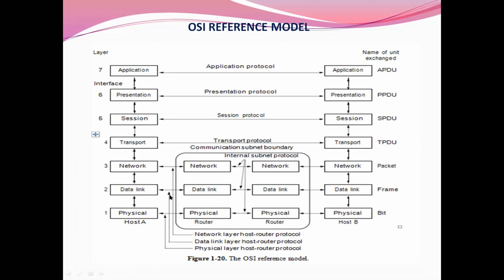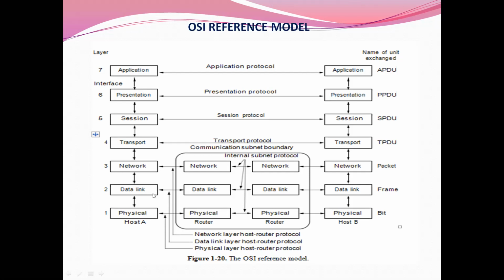Again, look here. This is host A and this is host B. Consider the communication between the same layers of different machines. For example, in host A, the first layer is the physical layer. In host B, the first layer is the physical layer. So the communication between these two is known as the physical layer protocol.